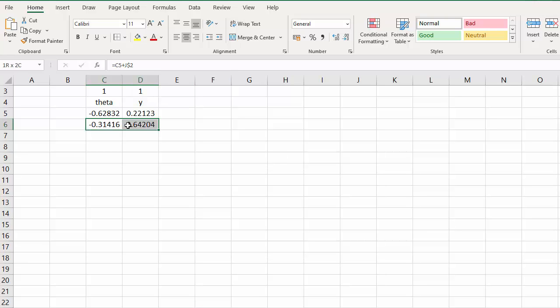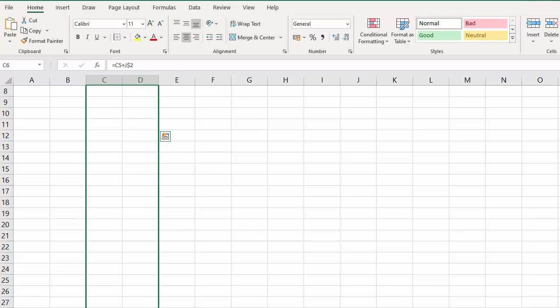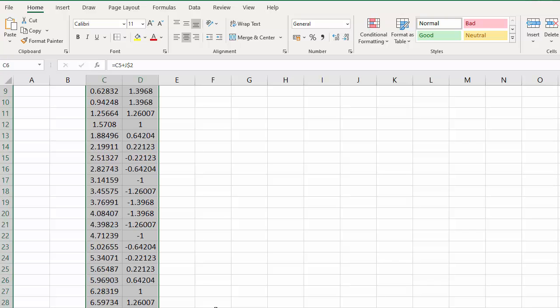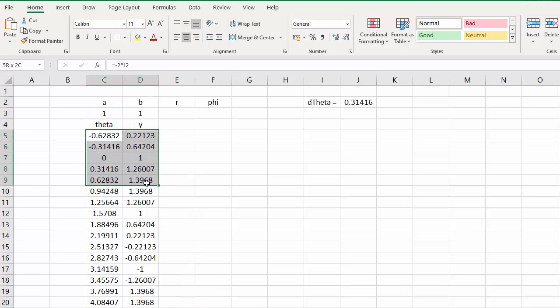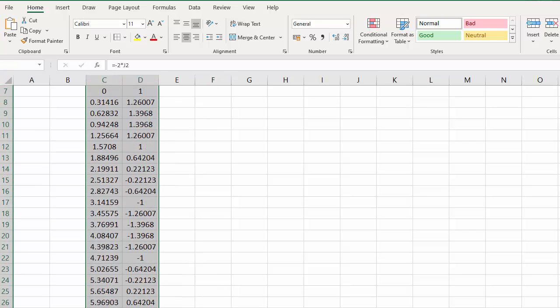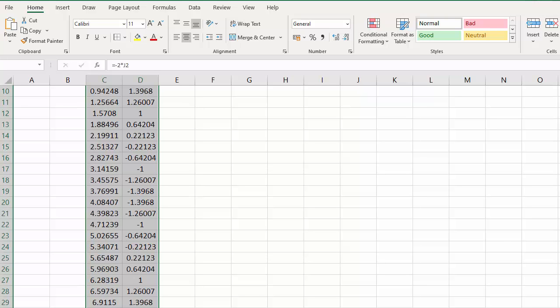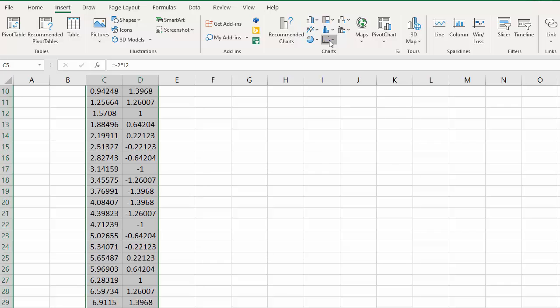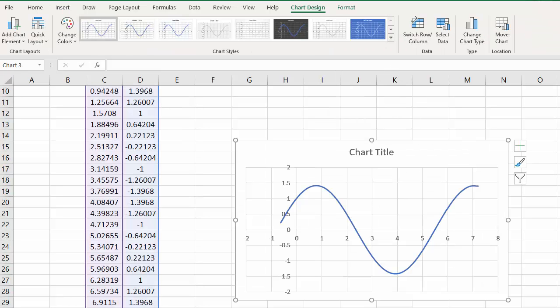So now I'll copy these values down to about 30, I think. One more. And now I'll mark these and insert a graph like that.